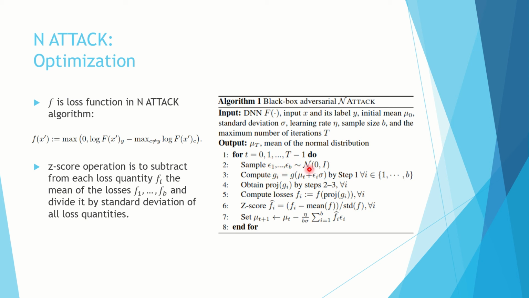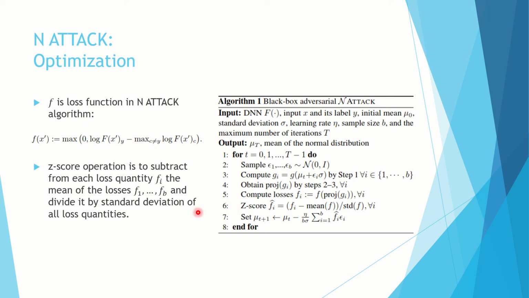Epsilon is in the normal distribution. Then we can calculate g based on the previous steps. That means finding S, adding epsilon to this distribution, and computing g. Then project g based on steps 2 and 3, and then compute the loss function.